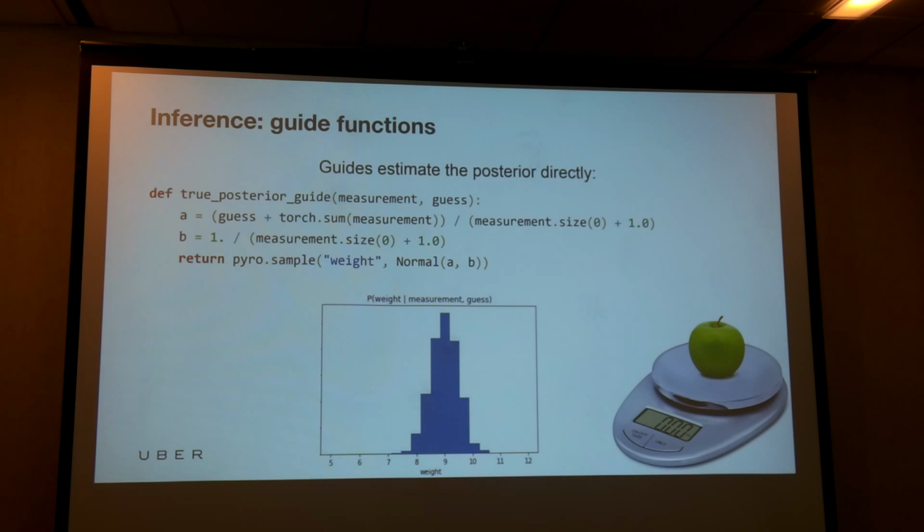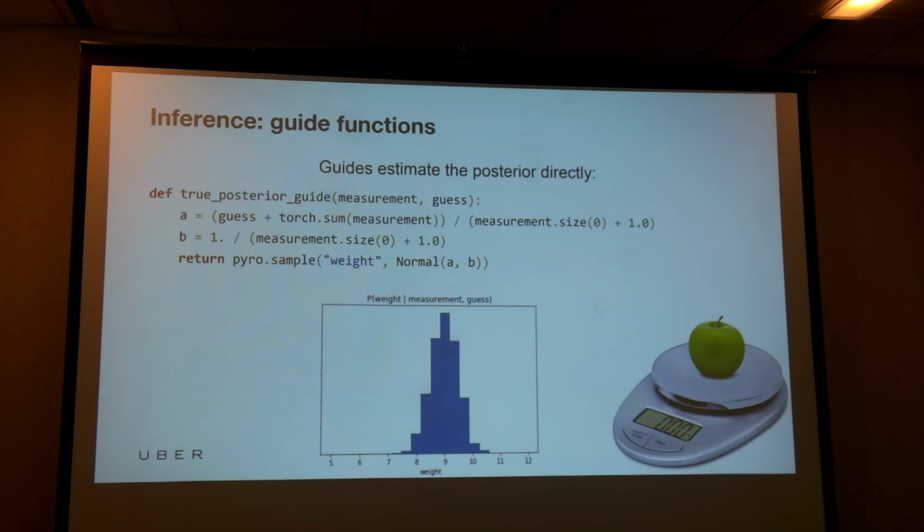Here you can see we have a pretty similar histogram to the one that I showed you before, where now we've guessed 8.5 again, the same guess that we've been using for the weight of the apple.